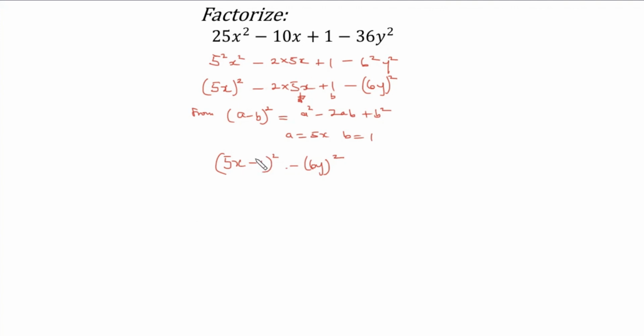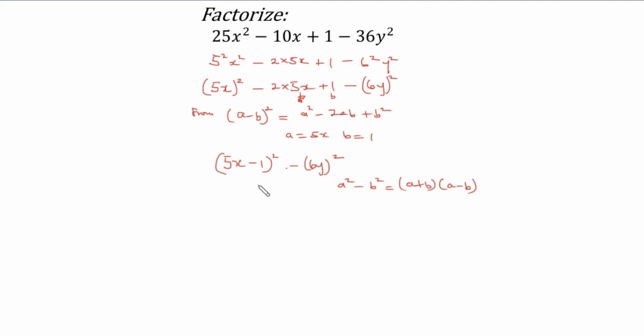You can expand this, or you can also use the method of difference of two squares to factorize this. The formula for difference of two squares says a squared minus b squared is equal to a plus b, and then a minus b. So this is our a, which is 5x minus 1, and our b is 6y.